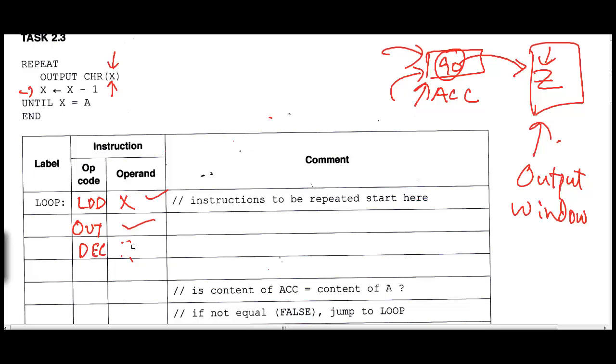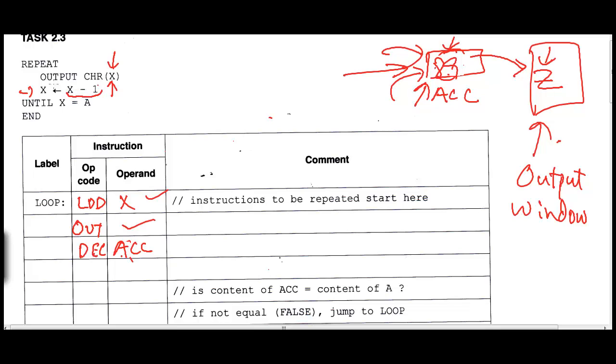We are going to write accumulator here, because the value of X is loaded into the accumulator, so we are going to decrement that by 1, and instead of 90 this value is going to become 89, because we are decrementing it by 1.